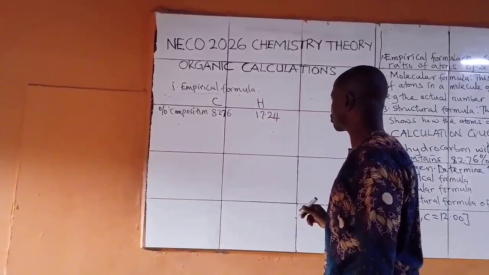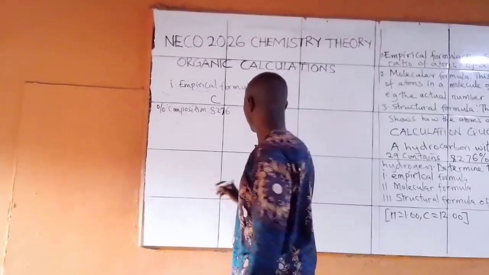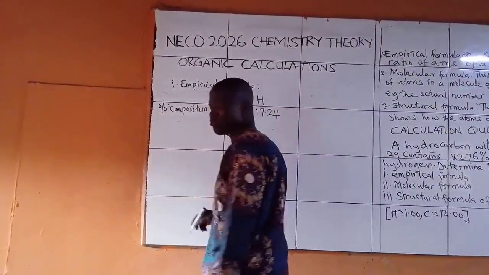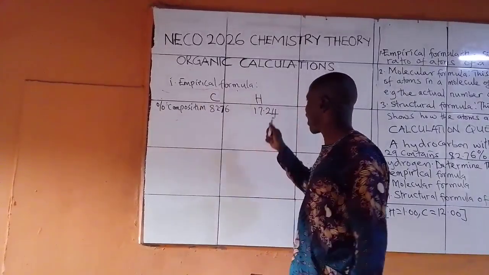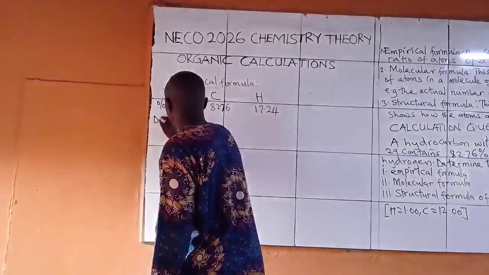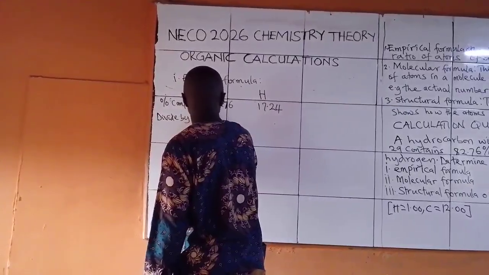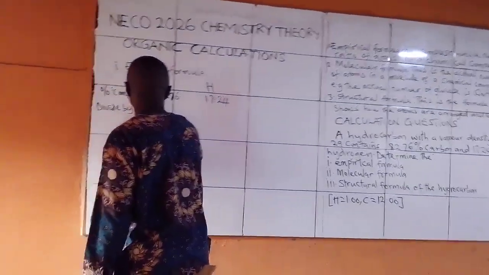Now, the next step to solve this question is by dividing by the atomic mass of both carbon and hydrogen. Divide by atomic masses.